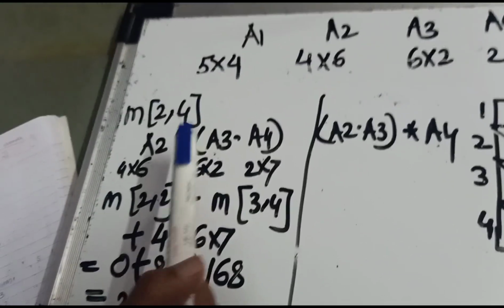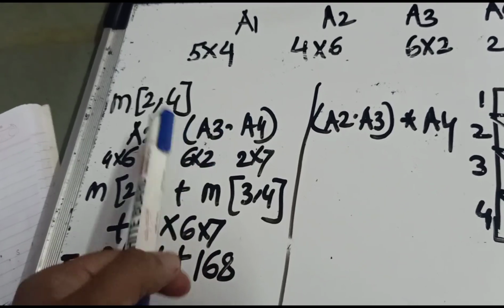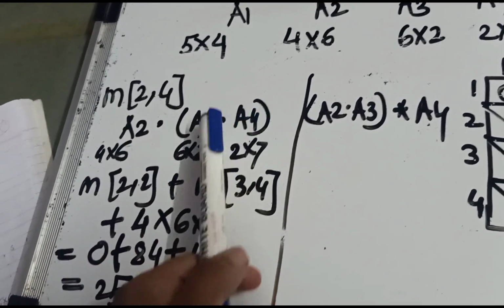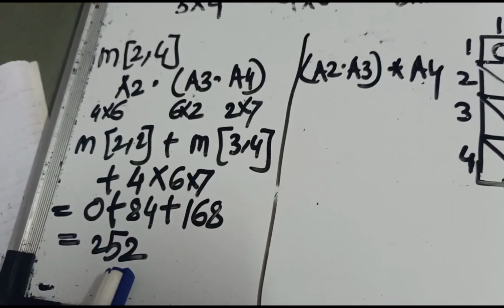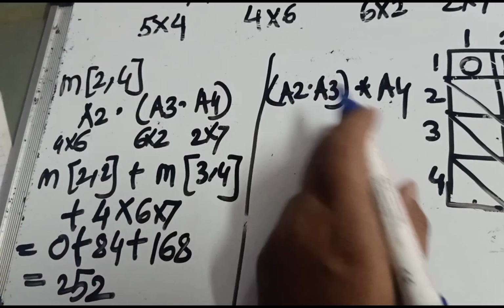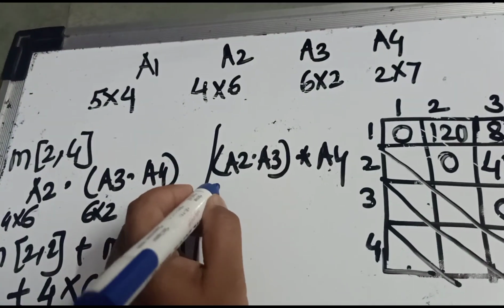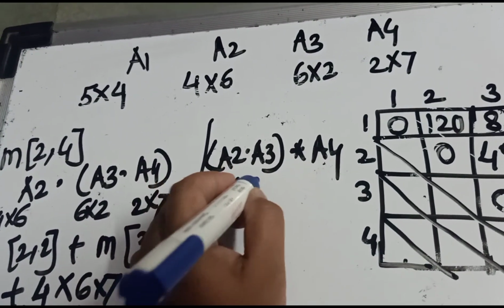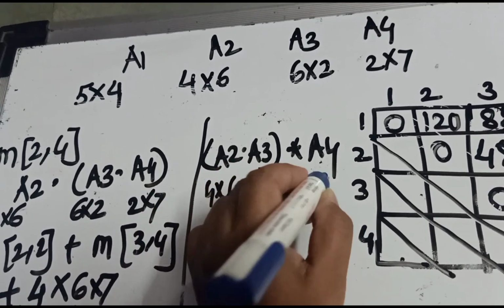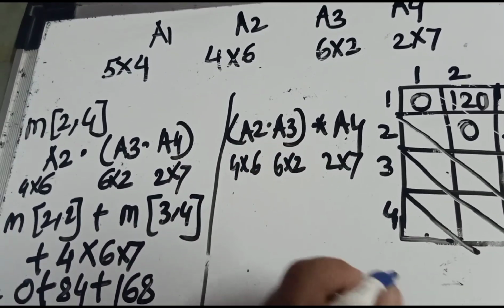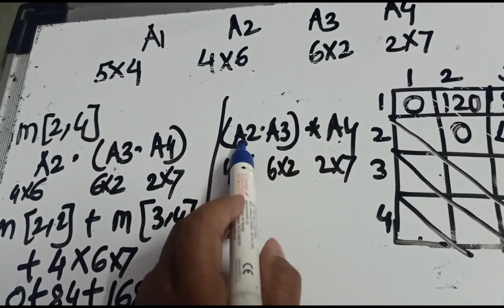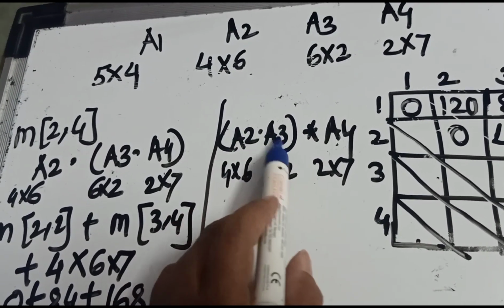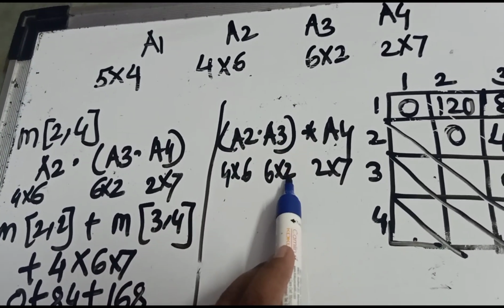So if I multiply in this way, solving A3 and A4 first and then its result with A2, I am getting 252. Let's see what we get in the second method. A2 is 4 by 6, A3 is 6 by 2, A4 is 2 by 7. The size of A2 with A3 will be 4 by 2.